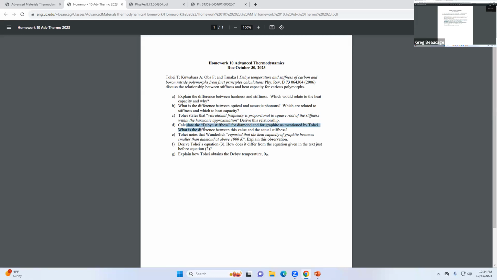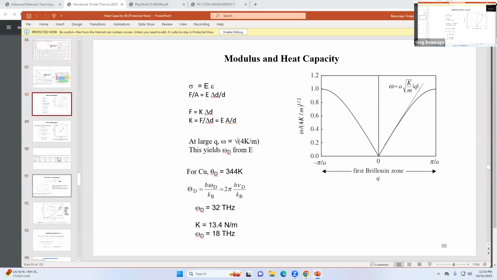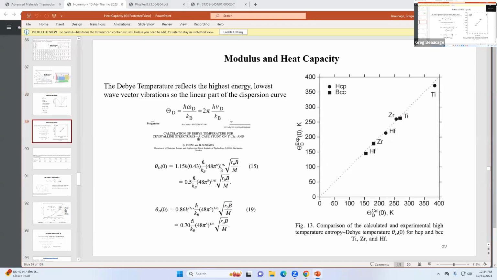So then this thing, calculate the device stiffness, I added that to the notes. So that's like slide 88 now. That's from that paper. He does it, let's see, I think this is from the same paper.